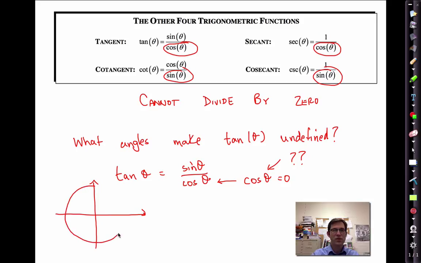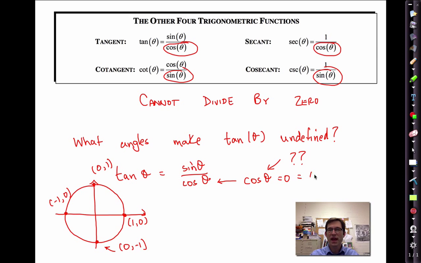We always go back to our friend the unit circle. Now, let's just look at something for a second. This is the point 1, 0. This is the point 0, 1. This is the point -1, 0. And this is the point 0, negative 1.